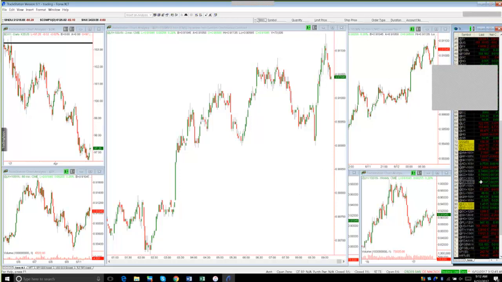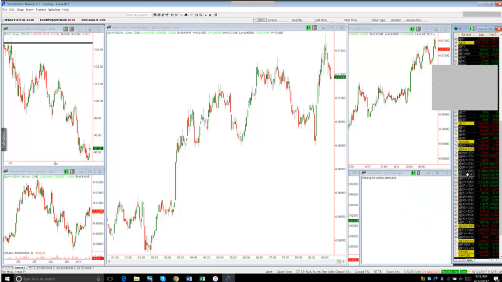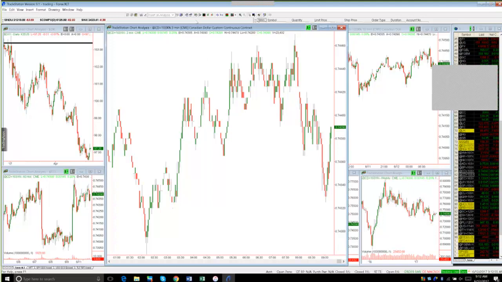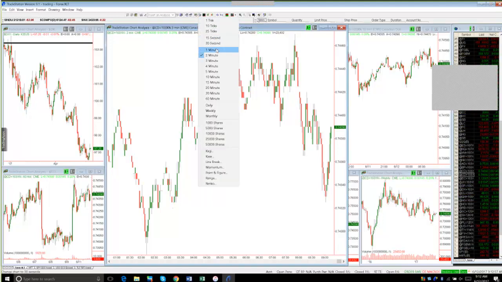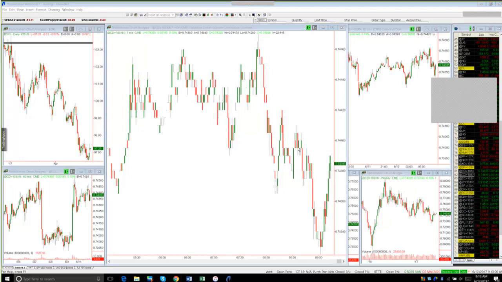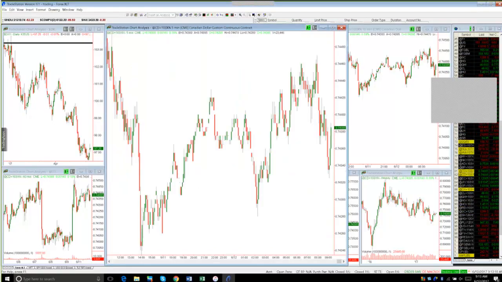Let me try one more here, and possibly the Canadian dollar. Yeah, we really need a pretty big move here. All right, so let's stick with the bigger time frames. Again, the trade has kind of already happened, so we'll need a bigger move.